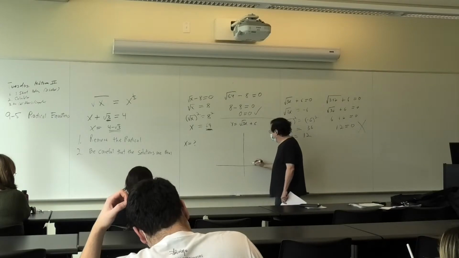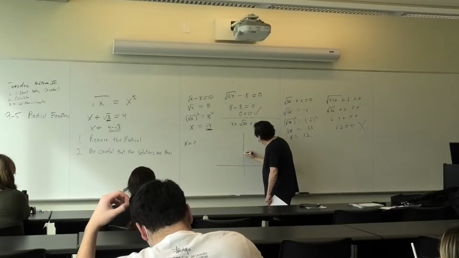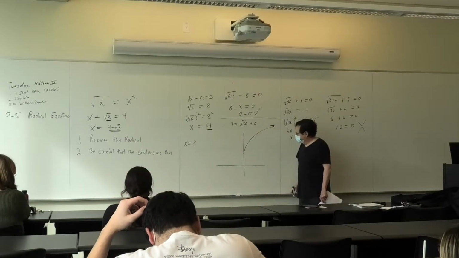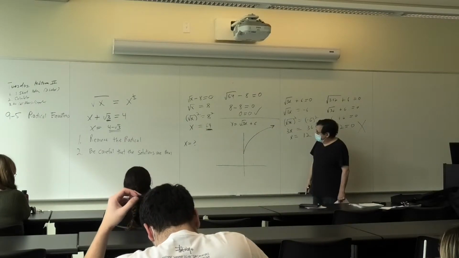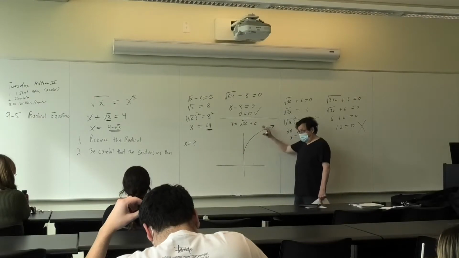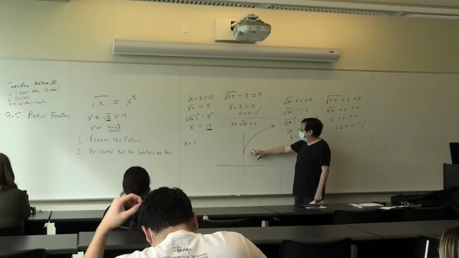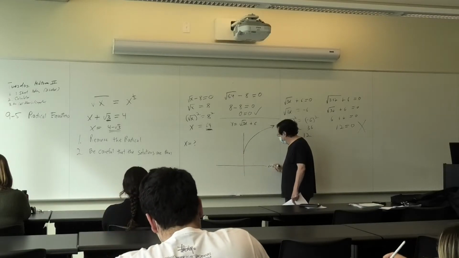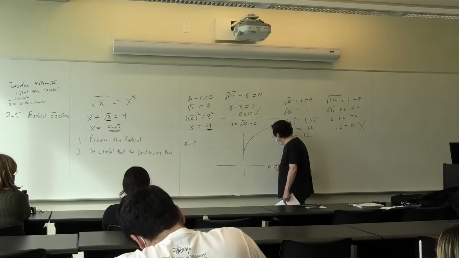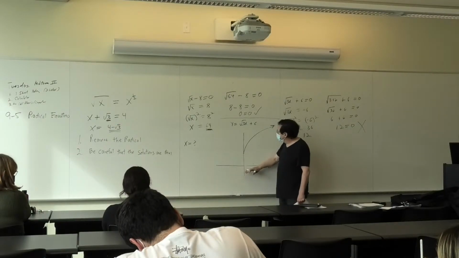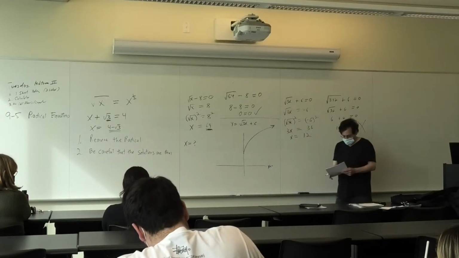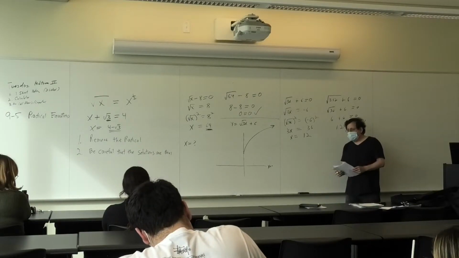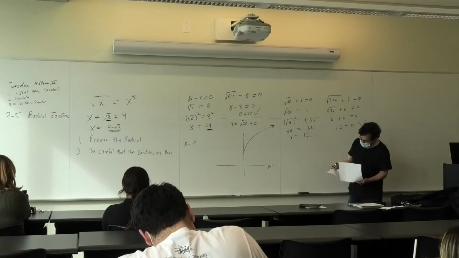My graph would look something like, let's start at 6 and it would go like this. So you can see, this is the graph of this function, but it never goes down to y equals 0 down here. It never reaches down. So there are no solutions. And again, that's what you have to look out for when solving a radical equation.